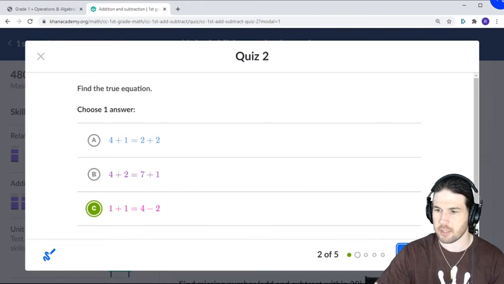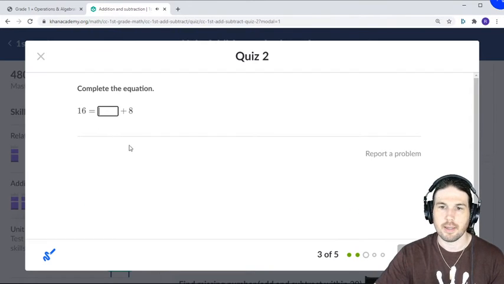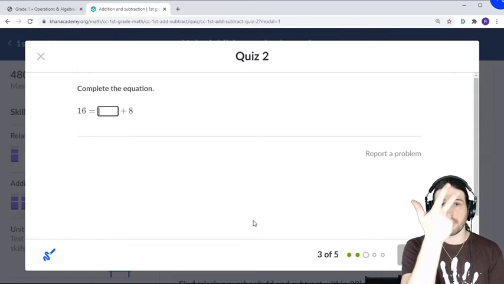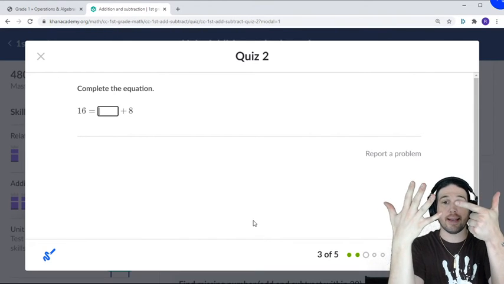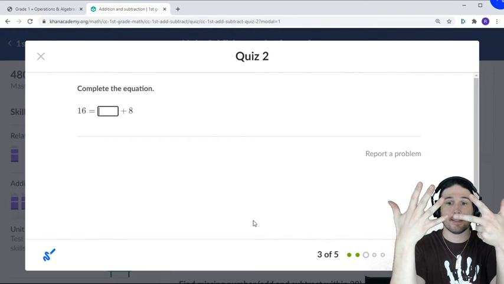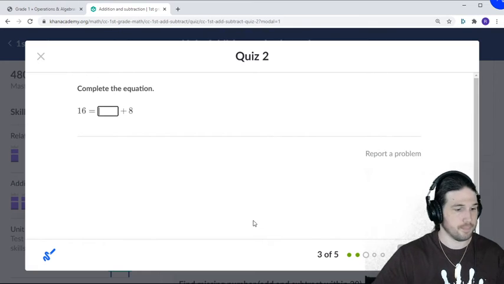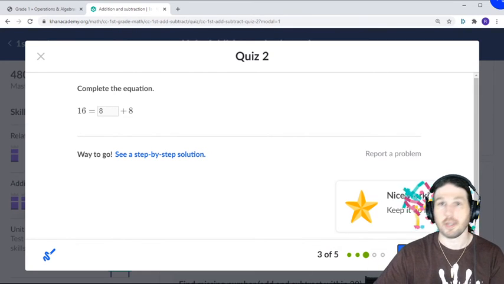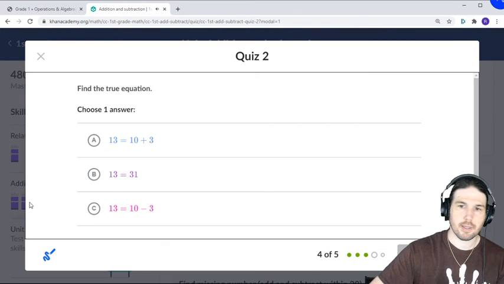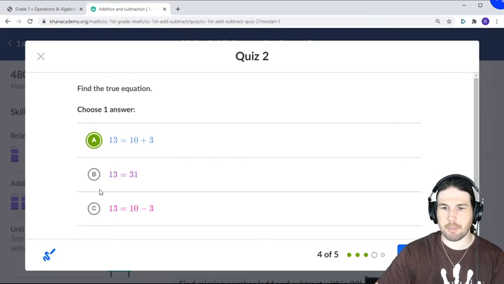So that seems reasonable to me. 16, 15, 14, 13, 12, 11, 10, 9, 8. It's 8 again. Use those fingers. Find the true equation. 13 is 10 plus 3, and that's it.